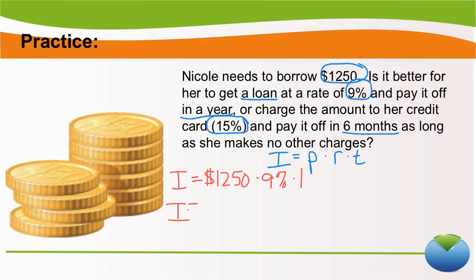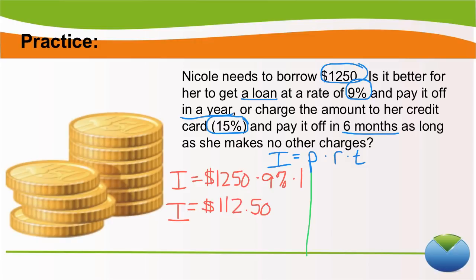So figure out how much interest Nicole is going to pay on that loan. I calculated that she is going to pay back an extra $112.50 if she goes with the loan.